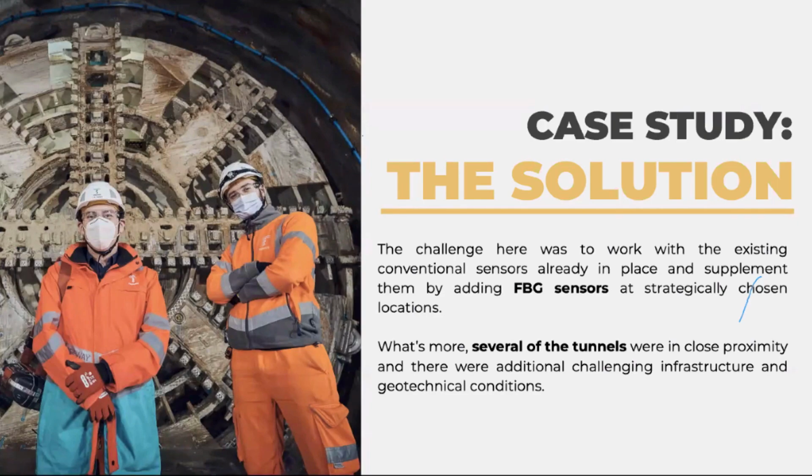In this project, there were already some conventional sensors installed, and the challenge was basically to combine the data received from the conventional sensors along with the newly installed FBG sensors across the infrastructure, and then put it all together into one system where we can see clear results and analyze the different data received from totally different types of sensors in real time and then come out with some results.